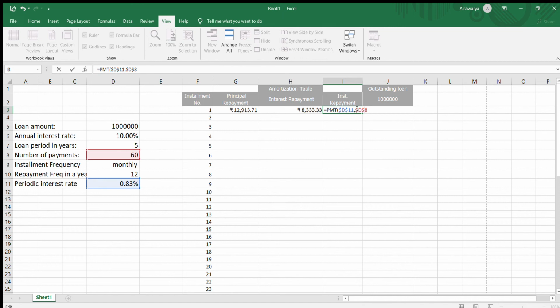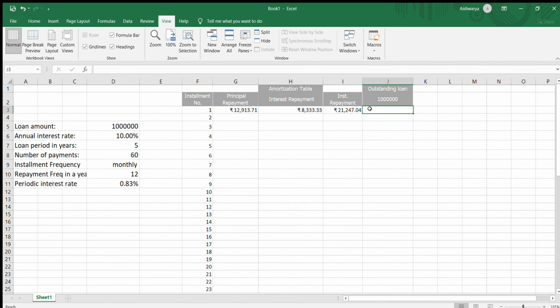This principal value, negative sign, freeze this. Close this bracket.